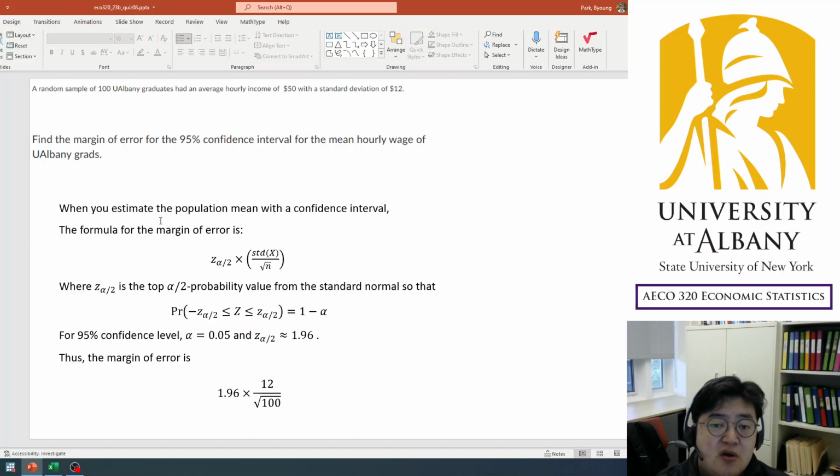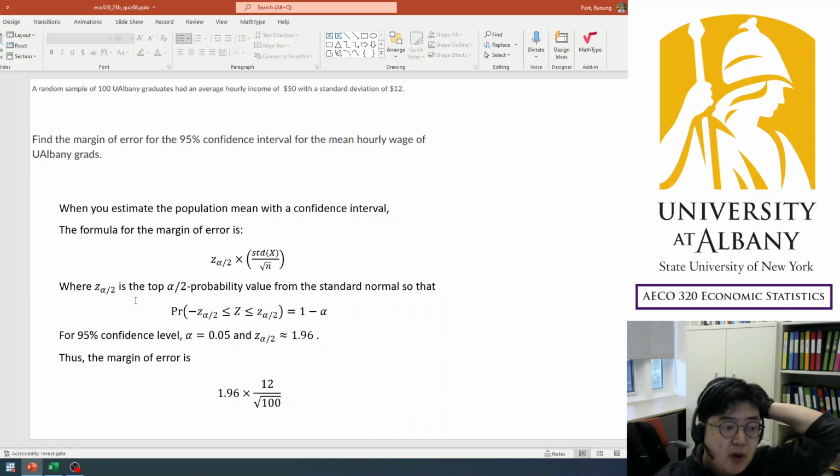It is pretty simple. What we learned is when we estimate the population mean using an interval estimator, you calculate the margin of error using this formula. So you only need 3 numbers. But actually, standard deviation is given, 12, and sample size is given, 100, so you only need to do this part, which is the same as the first question.